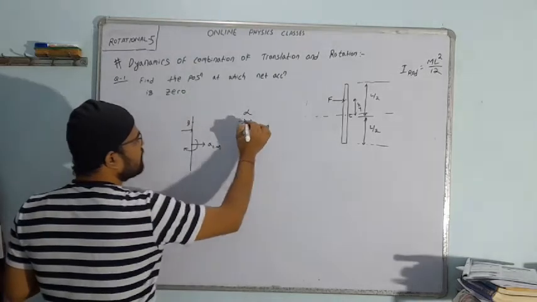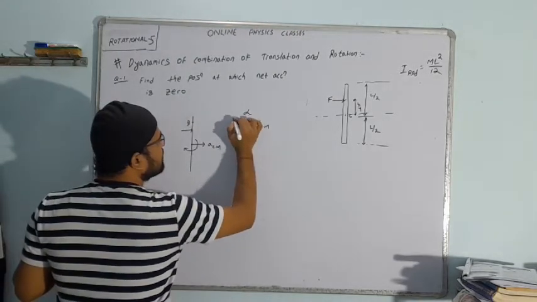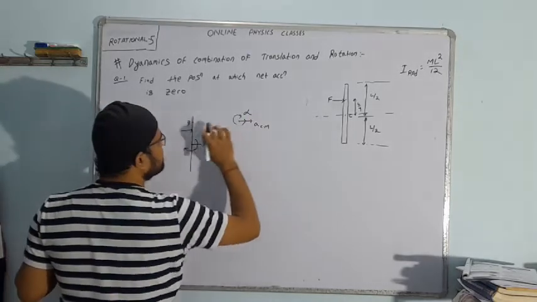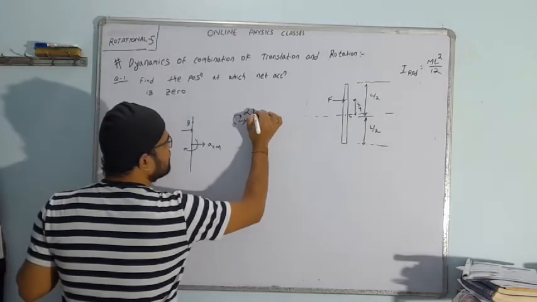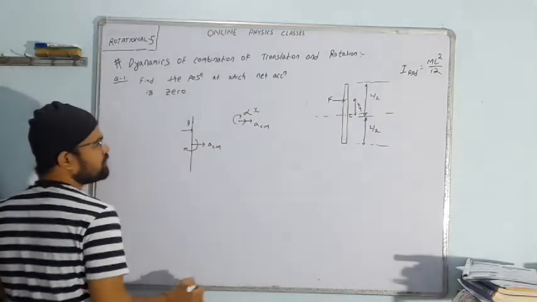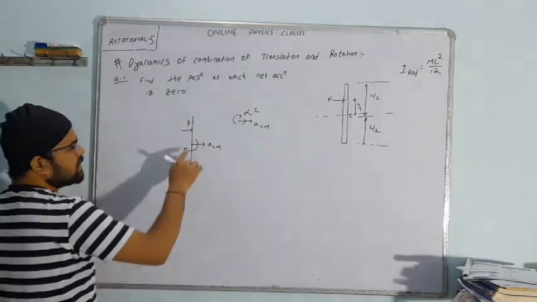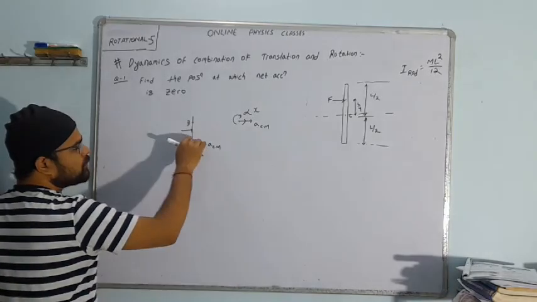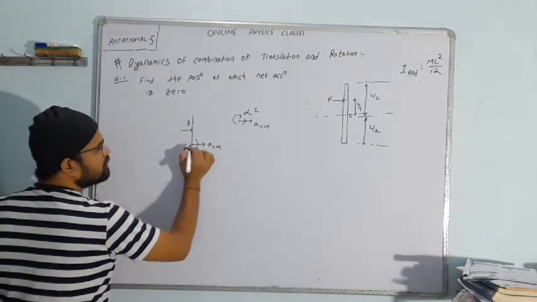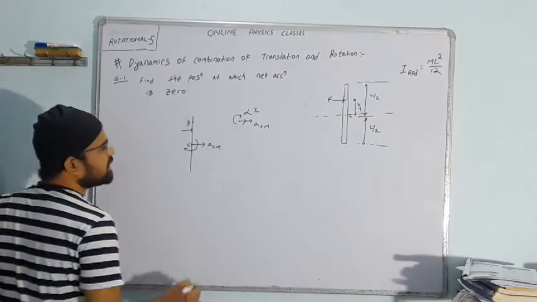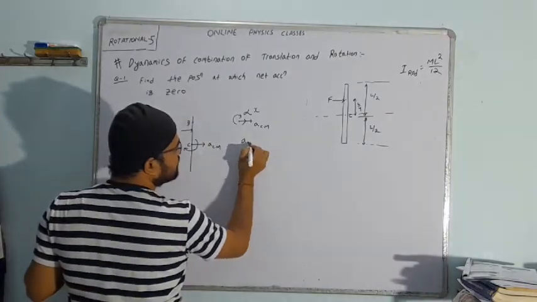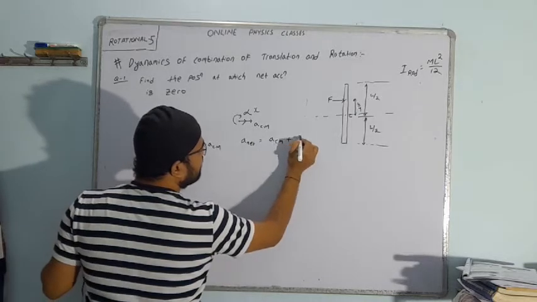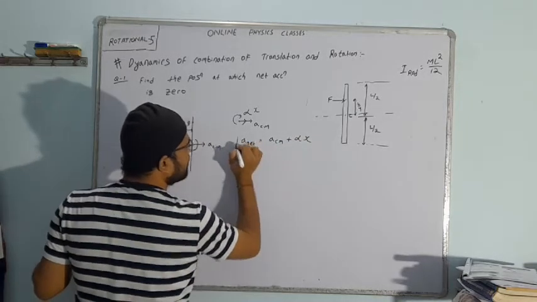Let's suppose alpha is the angular acceleration and this distance is x, so it is alpha times x. So for any point above the center, the net acceleration will definitely be A_CM plus alpha x.